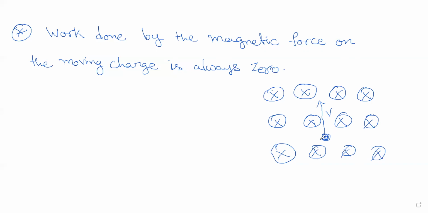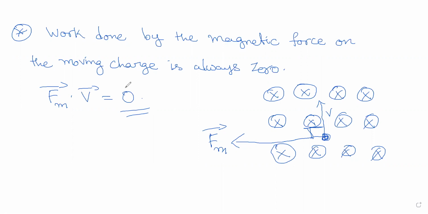This one we just solved. This is the magnetic force. Now magnetic force and velocity, we just did this one: Fm bar dot v bar is equal to 0. Now displacement happens in the direction of velocity.